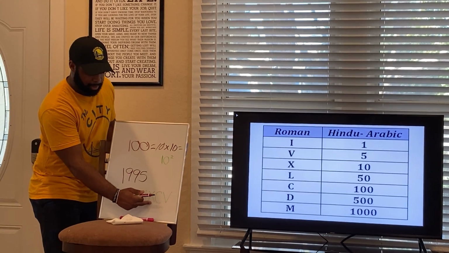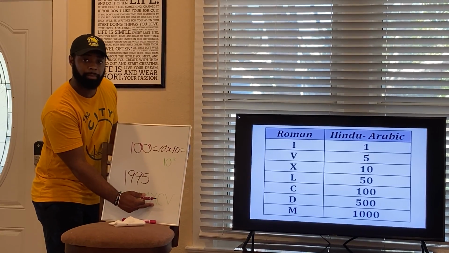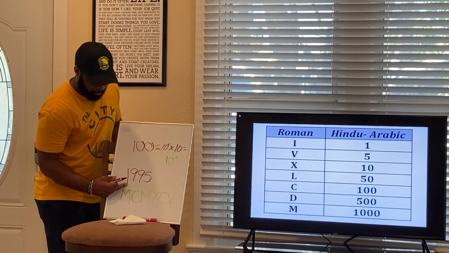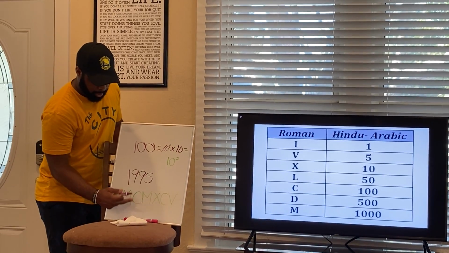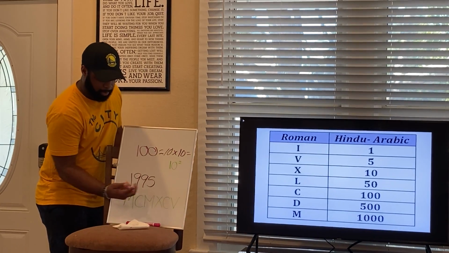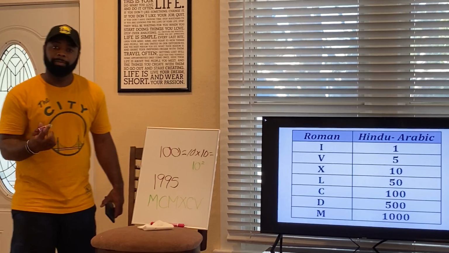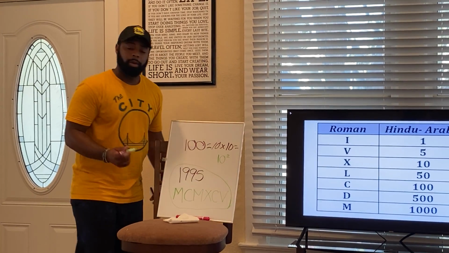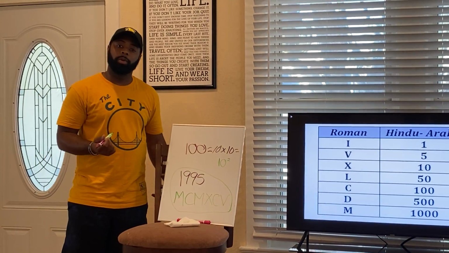But since the X is in front of the C, we're taking away 10. So that X and C now becomes 90. So we have 1,990, and then the V represents the 5. Okay? So again, that right here, my friends, is 1995 written in Roman numerals.